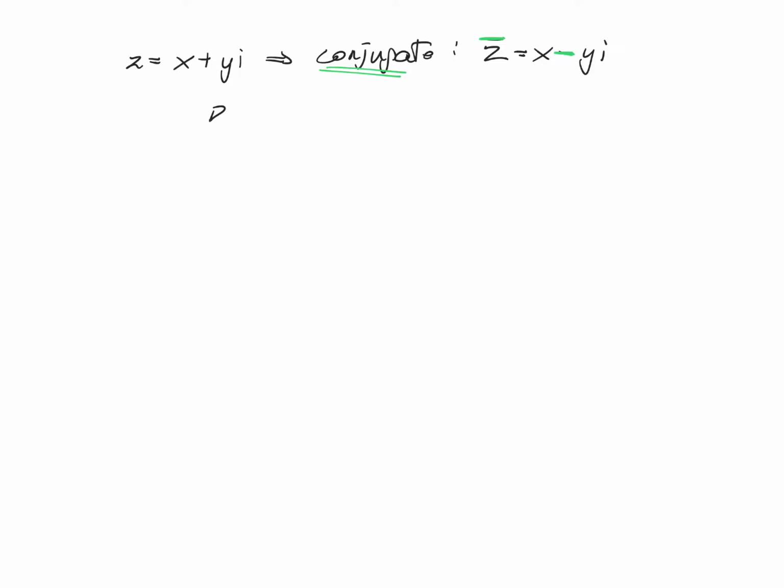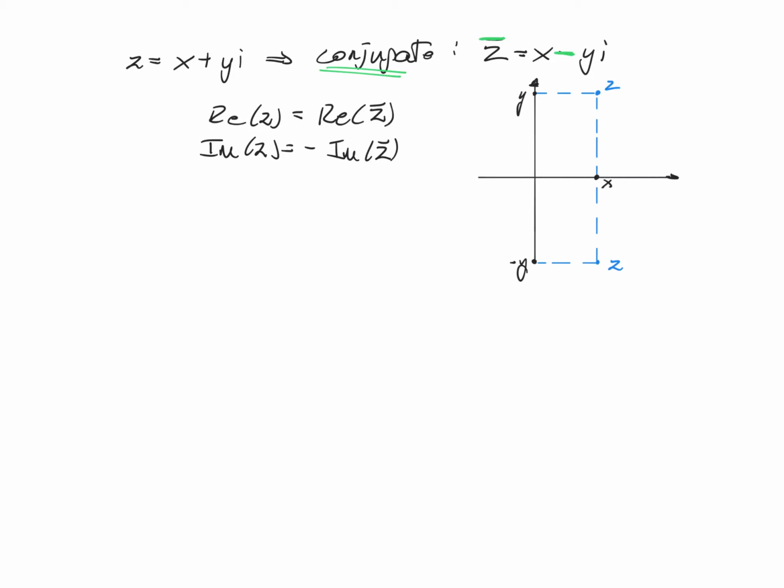So we see that the real part of z is the same as the real part of z bar, and the imaginary part of z is minus the imaginary part of z bar. If we plot both z and z bar, it's very easy to see that the modulus remains the same. So the modulus of z bar is the modulus of z, and the argument of z bar is minus the argument of z.